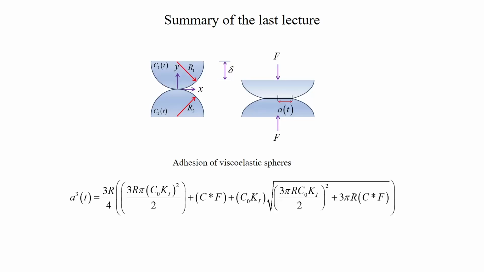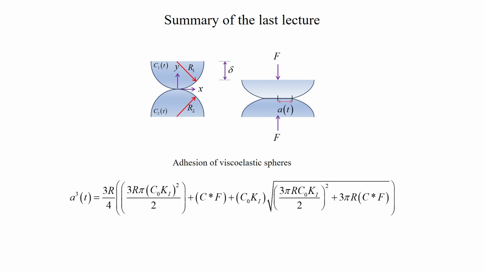In the last lecture, I discussed that when you have viscoelastic materials, you have the effect of time because these materials relax over time, and therefore, you have applied some load.